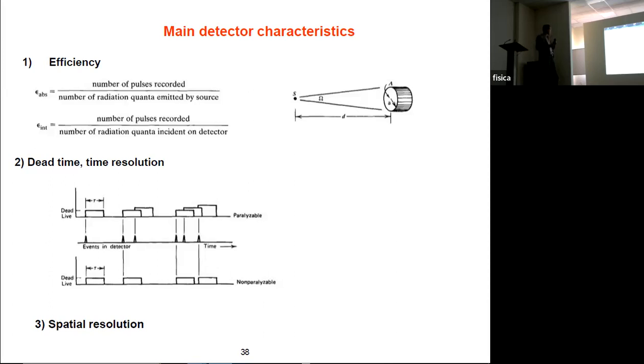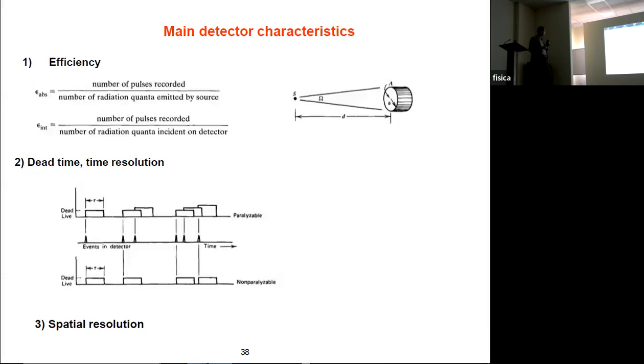And in reality, there are two types of efficiency. The absolute efficiency is the number of detected events divided by the number of gamma rays emitted by the source.